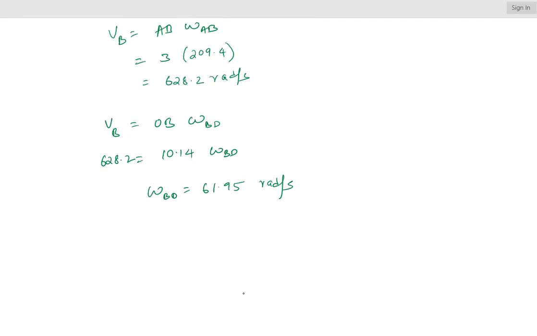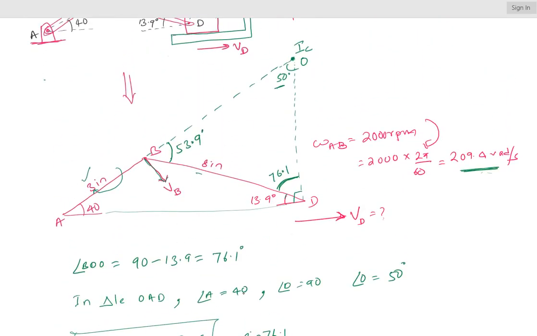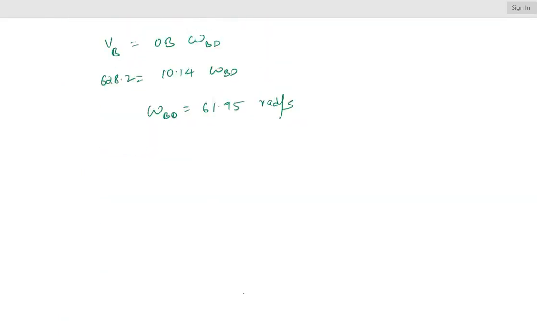So we can use omega BD to find the velocity of any part of that arm. We know this distance, so we can find VD.